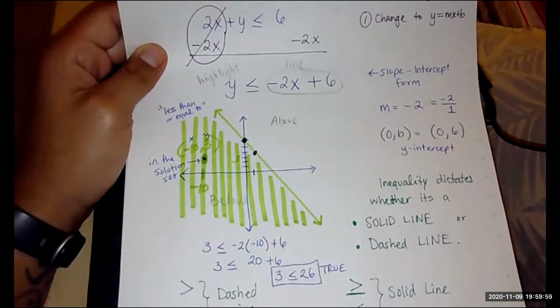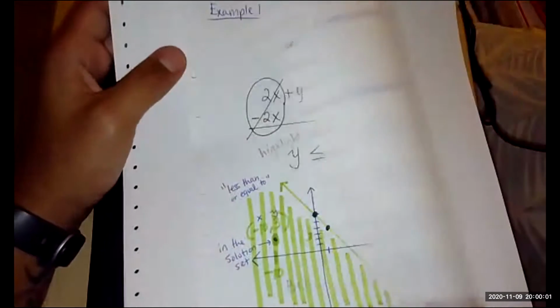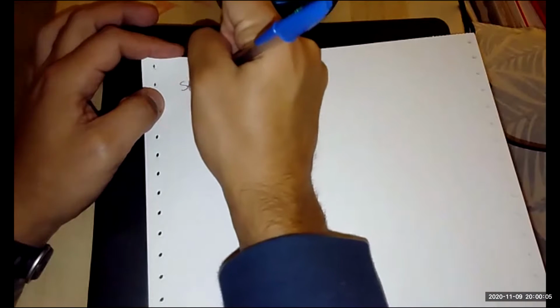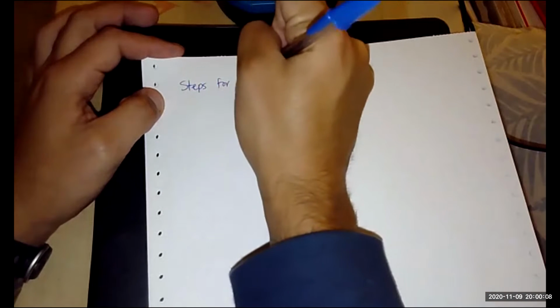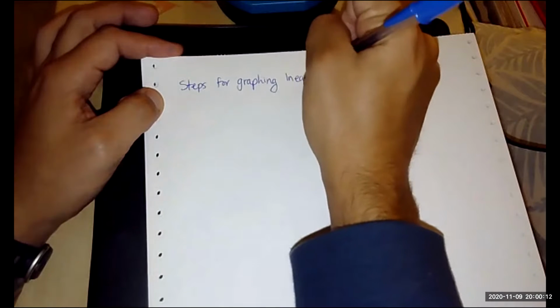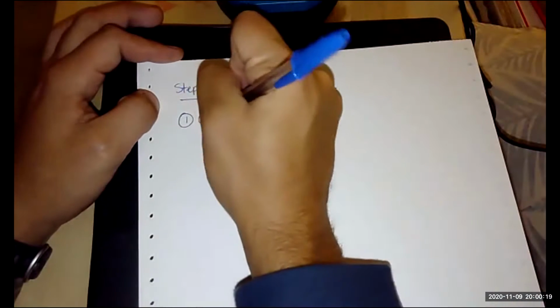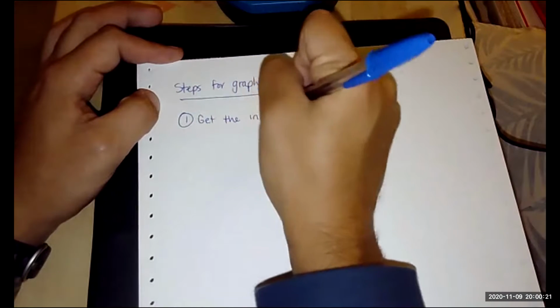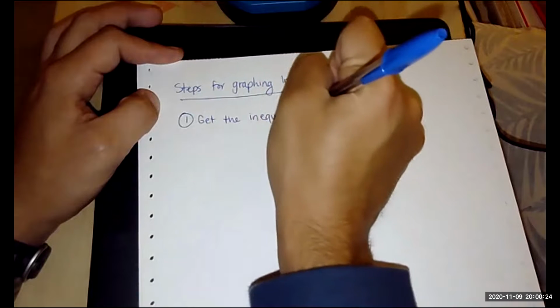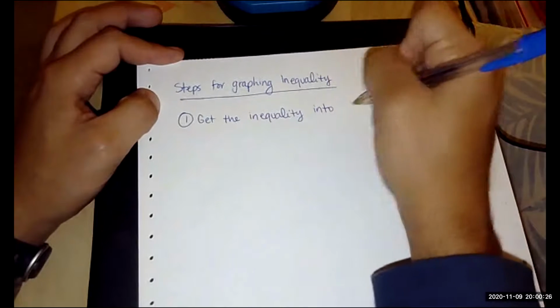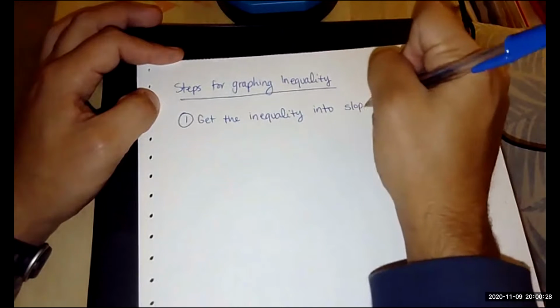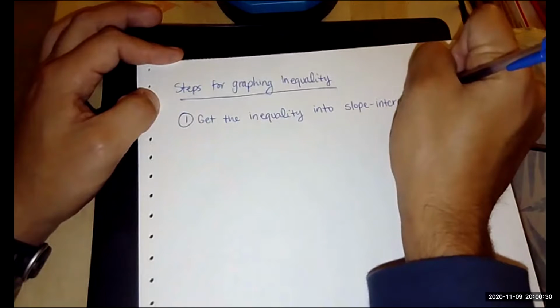Okay. But just to sum this up, right? Because that was sort of a lot. Here are the steps for graphing the inequality. 1, get the inequality into slope-intercept form.